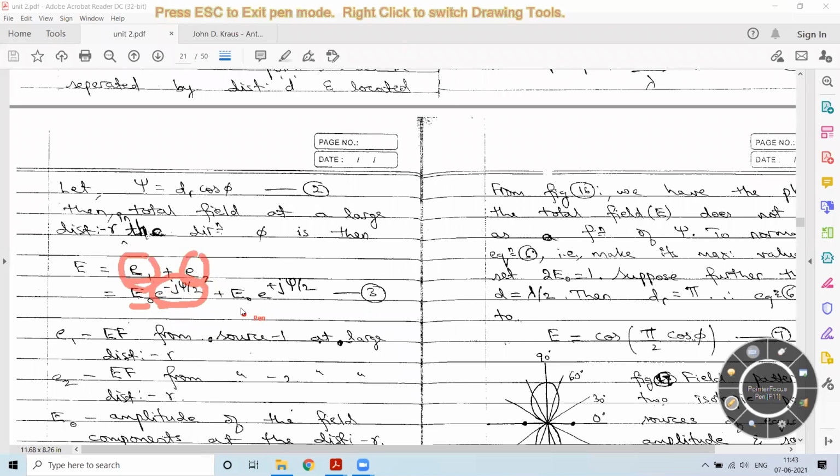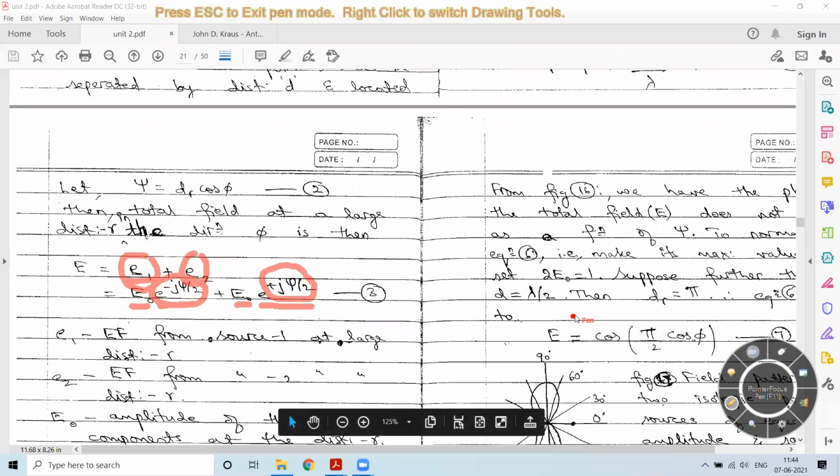Similarly, E2 can be represented as E naught into e raised to plus j psi by 2. This plus psi by 2 tells me that it is leading with respect to the reference point by psi by 2.